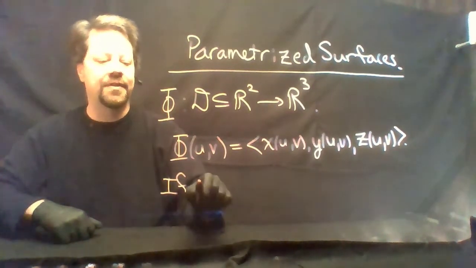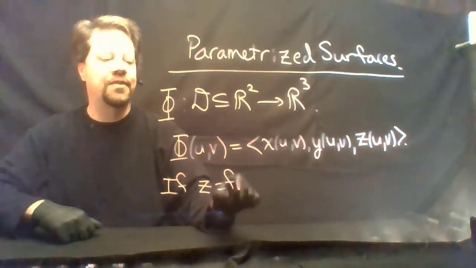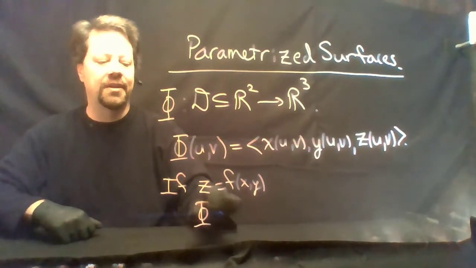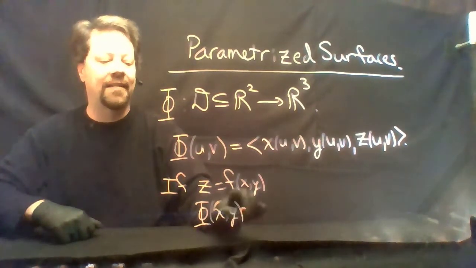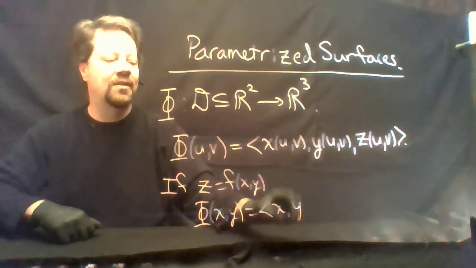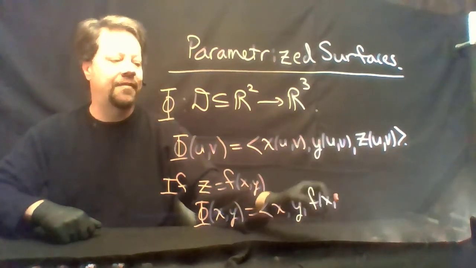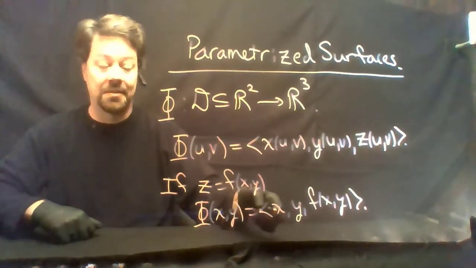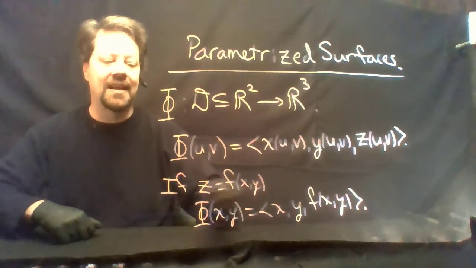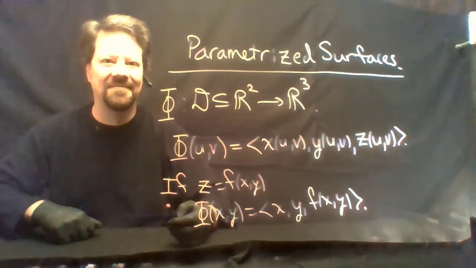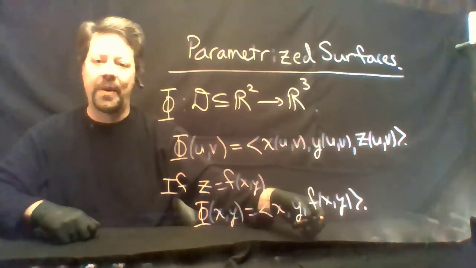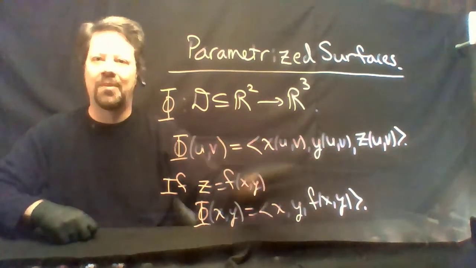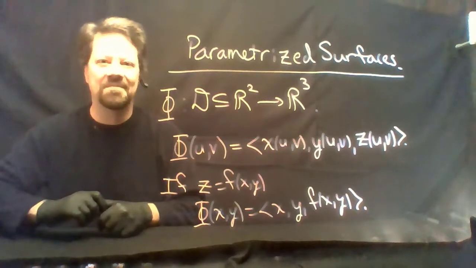If your surface is of the form z equals some function of x and y, then you can find a much easier parameterization in terms of the parameters x and y, namely (x, y, f of (x, y)). You can see how x is x, y is y, and z is f of (x, y). These represent points on the surface in R3 as well.